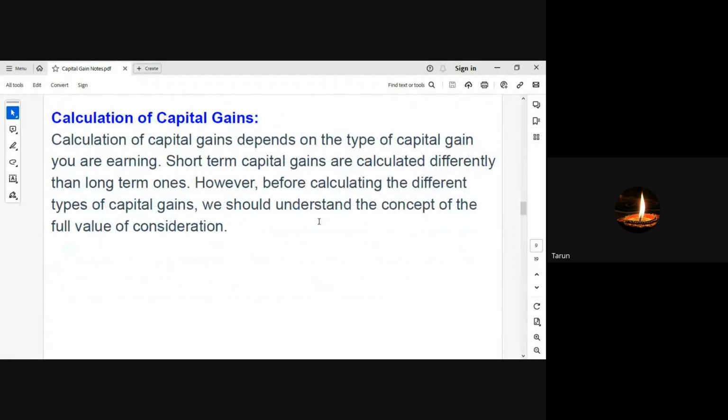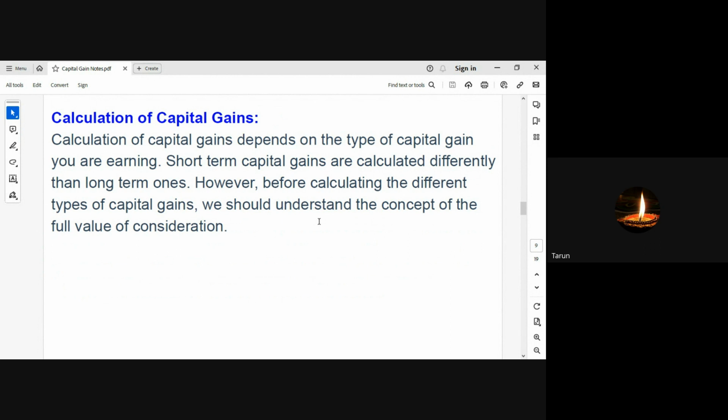Let's talk about the calculation of capital gain. The calculation of capital gain always depends on what type of capital gain you are earning, whether long term or short term. Short term is calculated differently than long term.